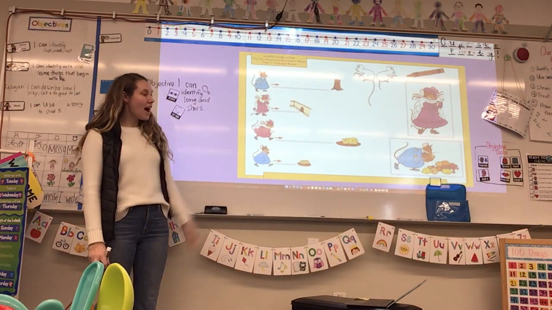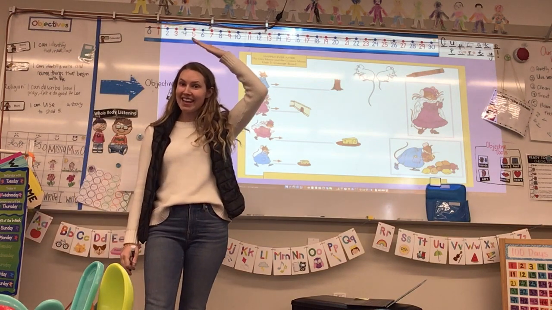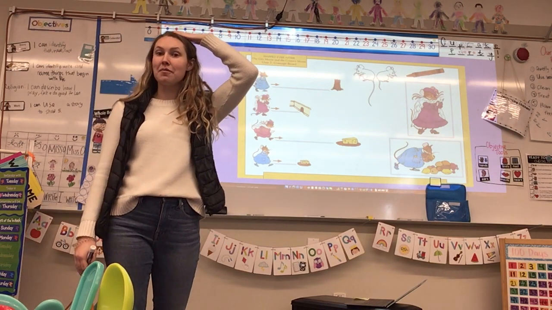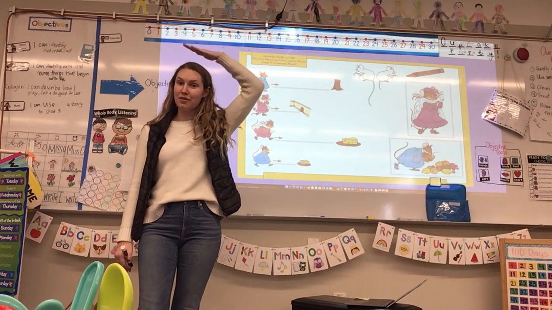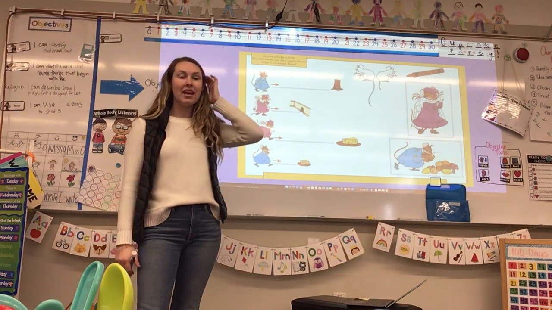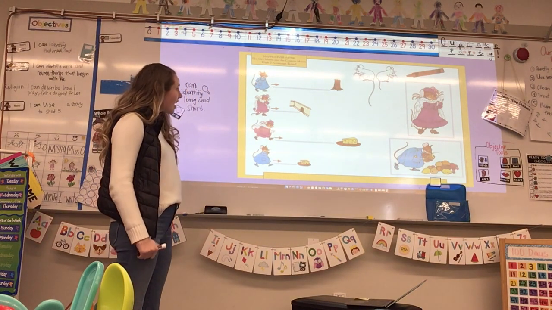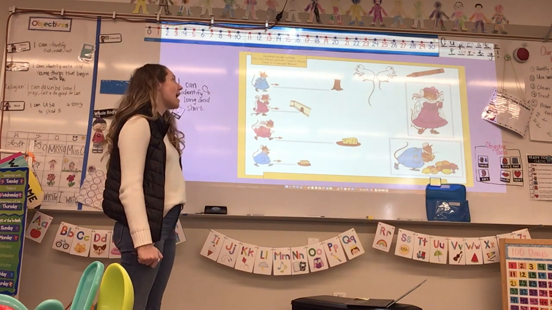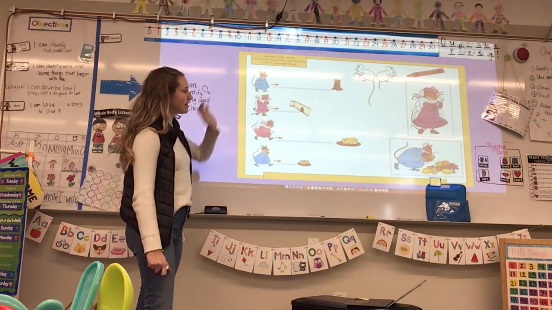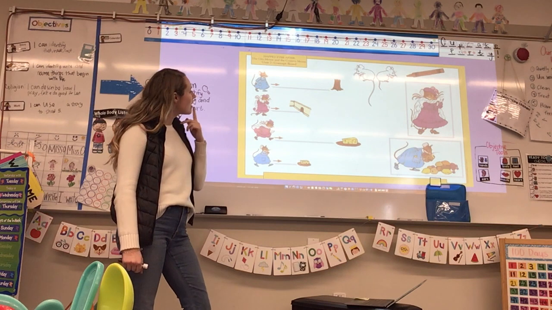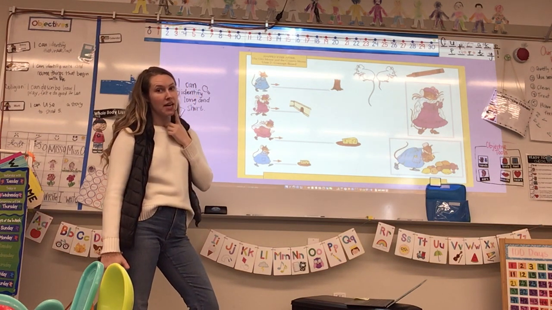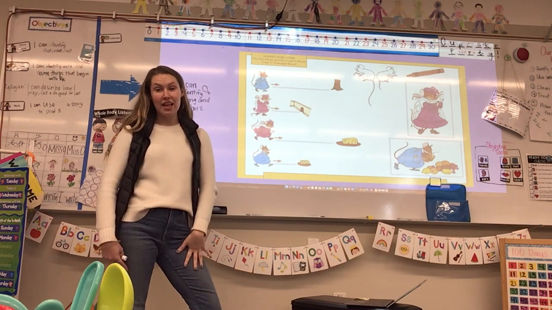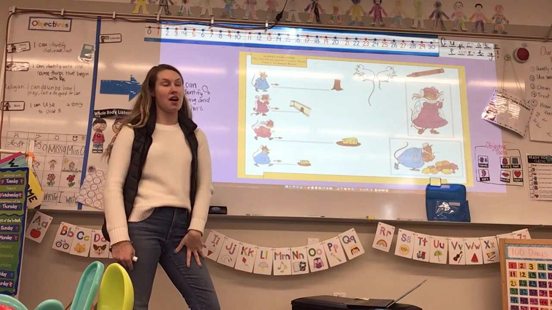On our board, I see some characters, and remember, the character is who the story's about. And I notice a couple different characters on our board. I see two of our mice here. There are some clues here in what the mice are wearing that tell me which character they are.